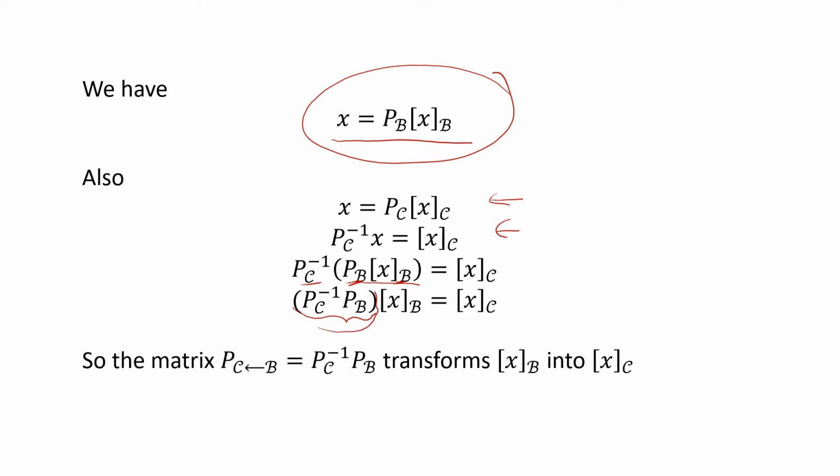We have that this matrix, which is the product of two matrices that we know, transforms the coordinates in terms of the basis B into the coordinates in terms of basis C. So the matrix we're looking for is simply equal to PC inverse times PB. And it transforms you from coordinates in one basis to coordinates in another basis.